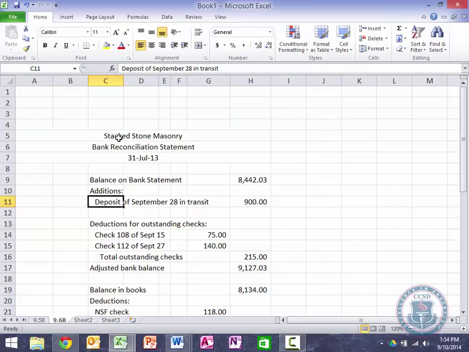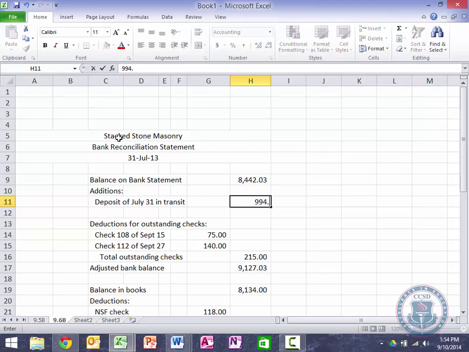Does not appear in the bank statement. So we need to put that in. So our addition is deposit of July 31st in transit, for the amount of $994.07.